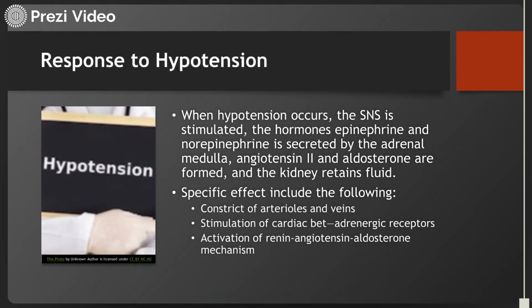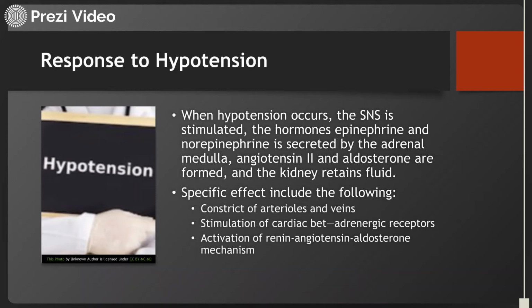So, response to hypotension. Like I said, you have homeostasis responses or homeostasis mechanisms when you have either hypotension or hypertension. When you have hypotension, your SNS is stimulated. And remember, you have your hormones epinephrine and norepinephrine, which will be secreted by the adrenal medulla.